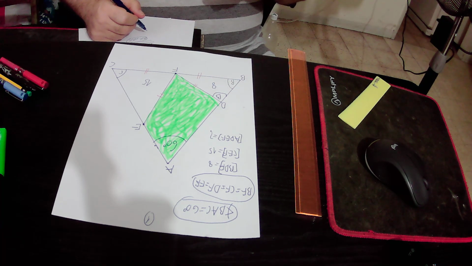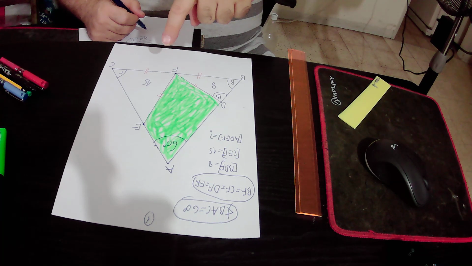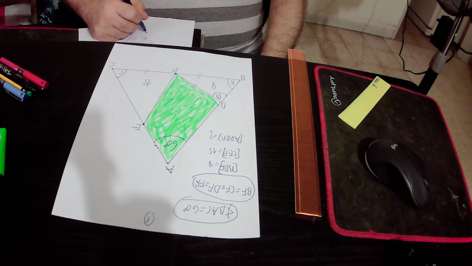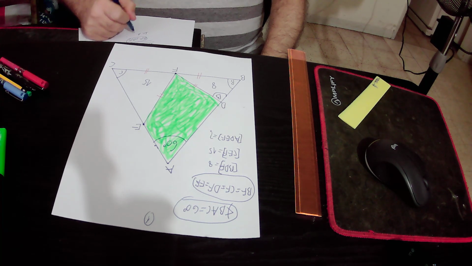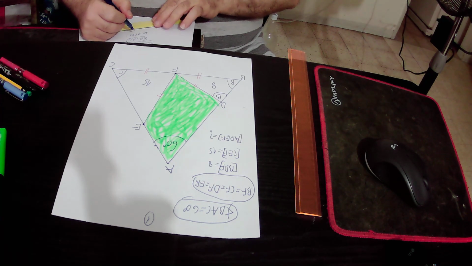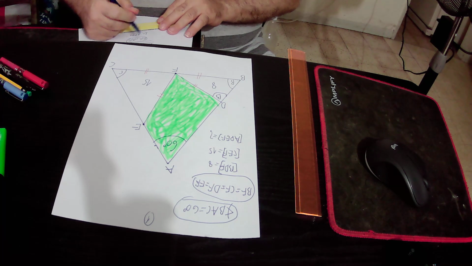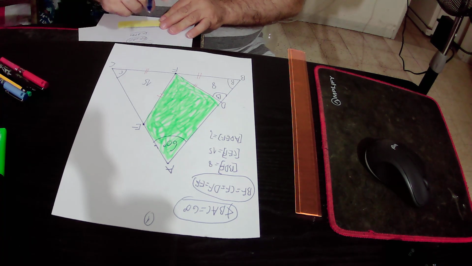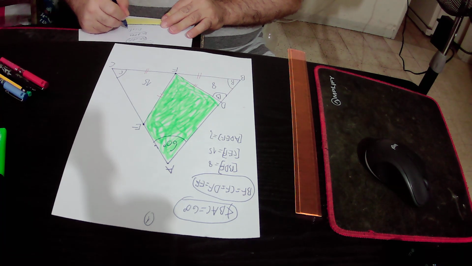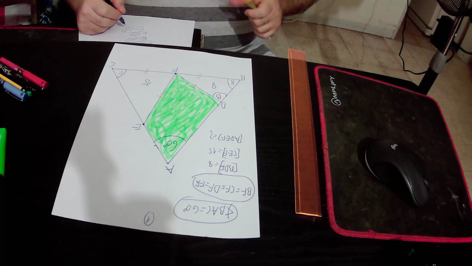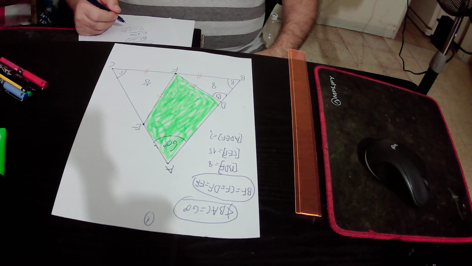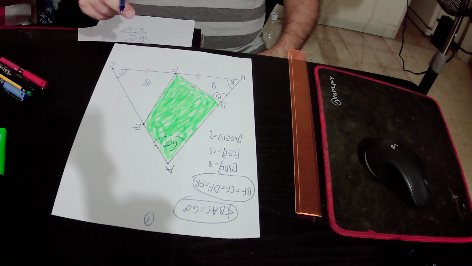And again, we will repeat the same process on triangle FEC. So in triangle FEC, we know that side FC equals side FE, and according to rule number 1, in front of equal sides in a triangle there are equal angles.